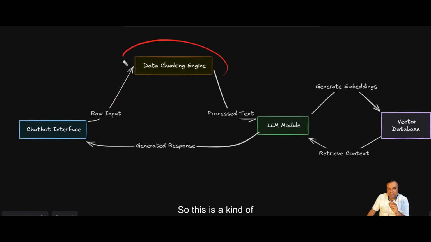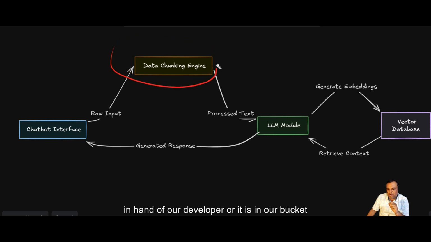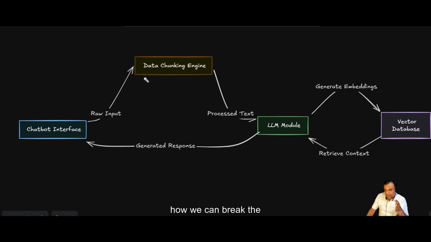This is in the hands of our developer, where we can decide how to break the questions that you are asking. Once you ask the question, the input will go to this data chunking engine, and then it will go to the LLM.